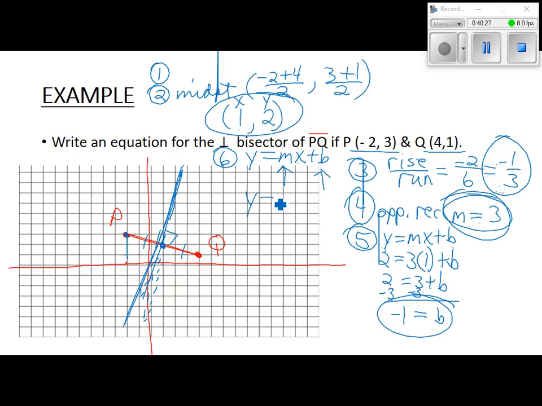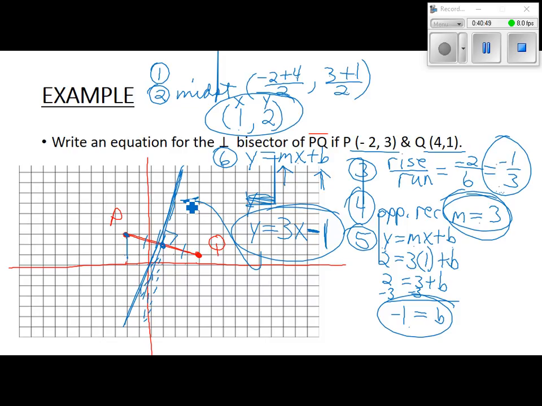So we end up with y equals, our m was 3, our slope was 3, x, our b was -1, so -1. That's the equation of that blue line right there. y equals 3x minus 1.